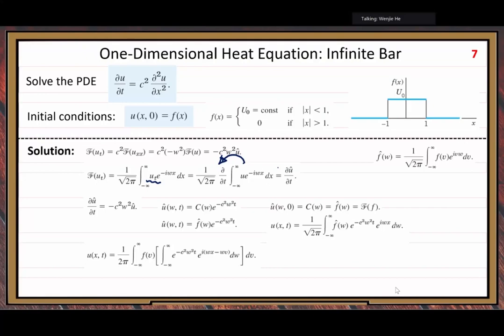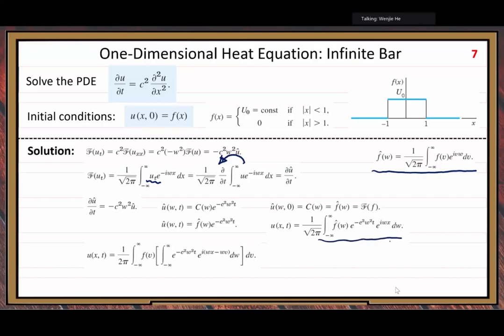Actually, I noticed a small problem here. Here we apply two formulas. First, the Fourier transform formula. Second, this one, the inverse Fourier transform.